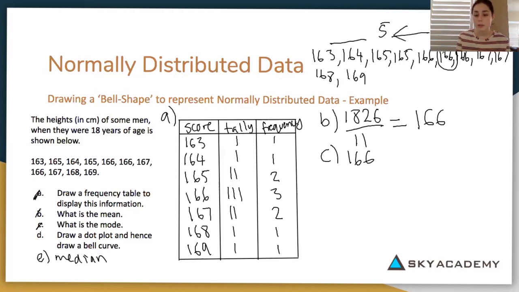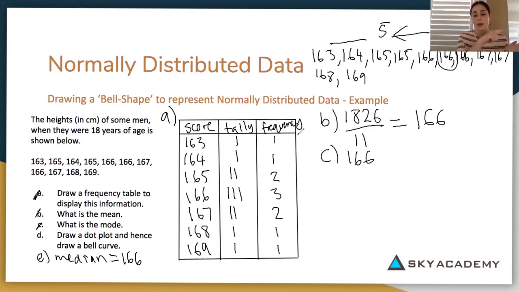So my median would also be 166. And that means that we are definitely looking at normally distributed data. Because if you remember from the slide previously, the definition for normally distributed data was that the mean, mode, and median were equal.